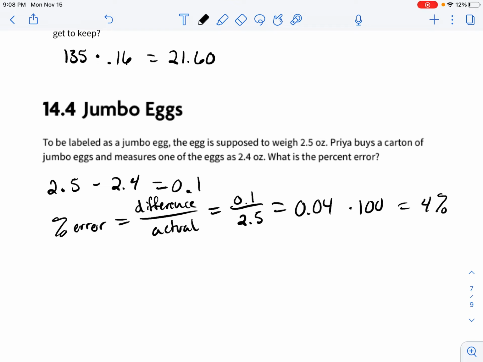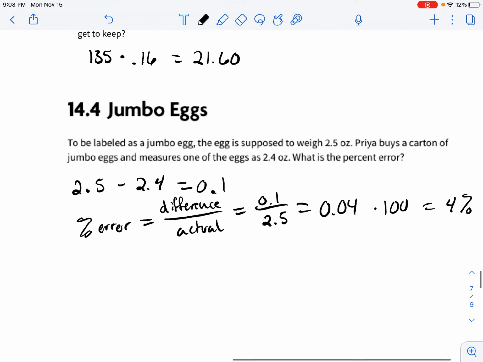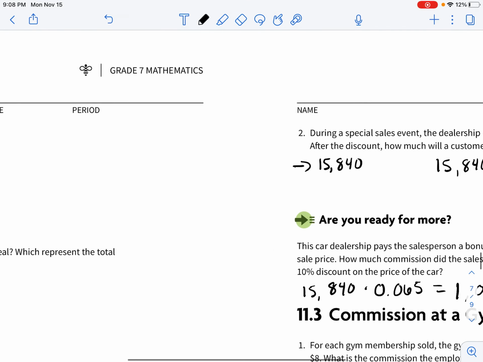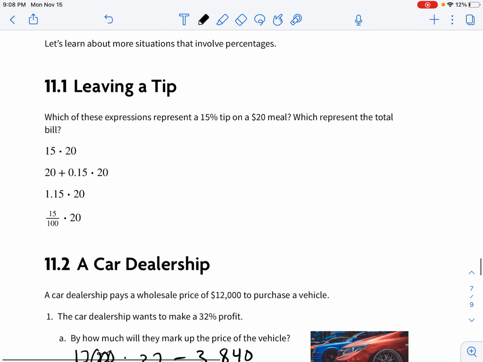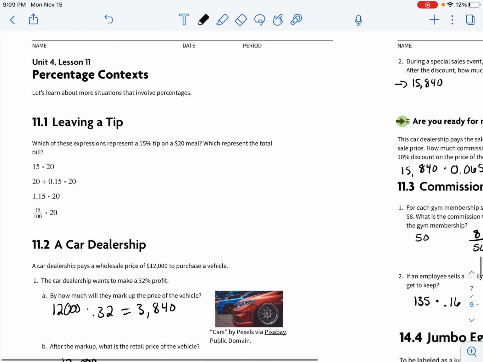Note that even if it's a small amount you're off, if it's a smaller number, your percent is going to be higher. All right, so that was looking at percent error, as well as how we use percents in commission, dealing with some of those values, and also how markup works.